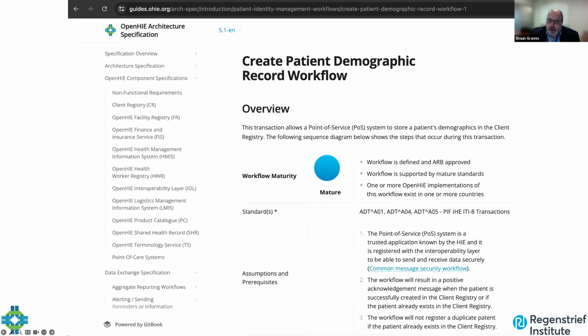We document what standards may be used in this. We document assumptions. Again, in 30 minutes, it's hard to go through all the details, but you can clearly see that we've documented these. We have swim lanes and information flow documentation as well. And if we have time, I'd be happy to bring up a web browser and dive through more of this.